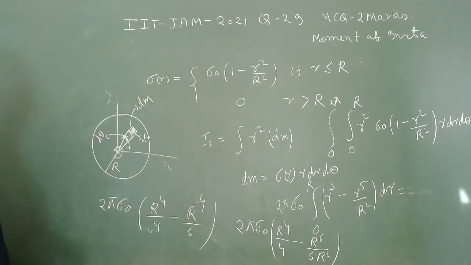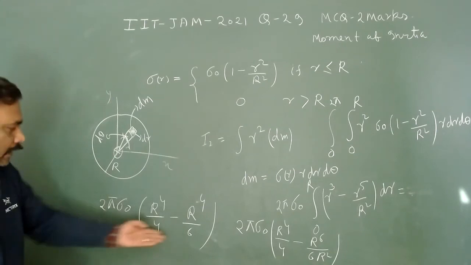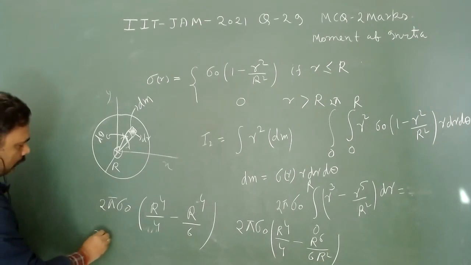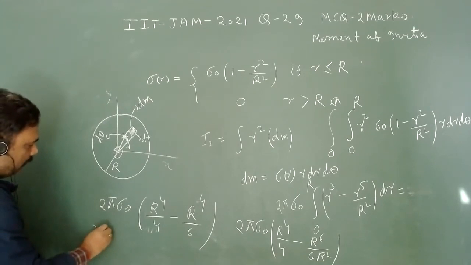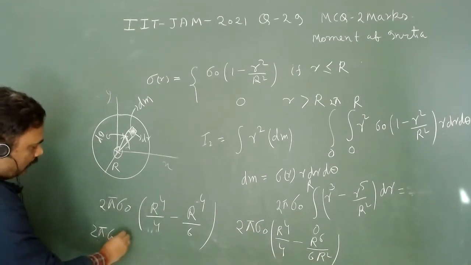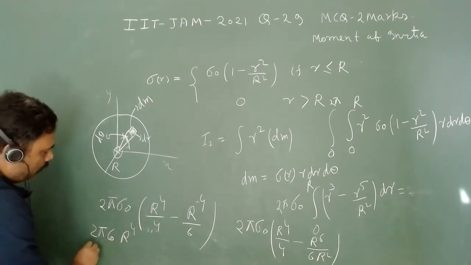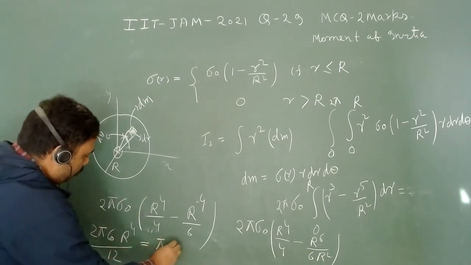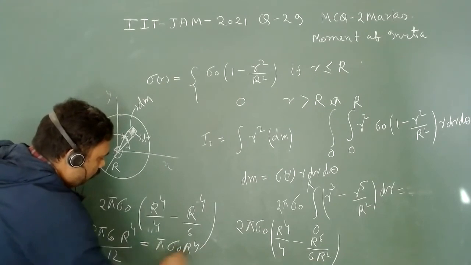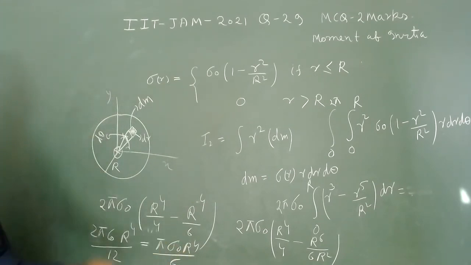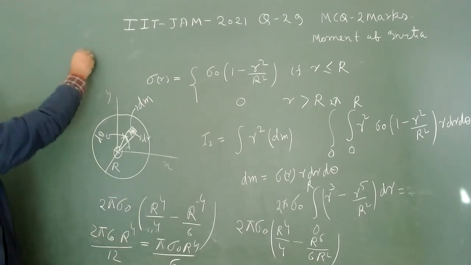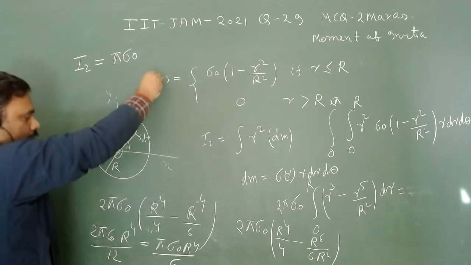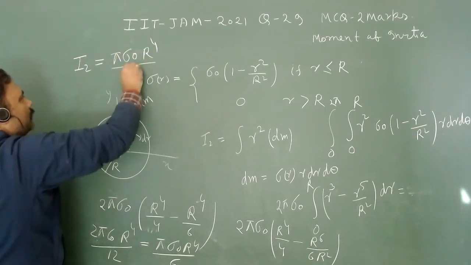And when we calculate this particular thing, I can take 12 here, so this will be 2 pi sigma naught times R4 upon 12, and this is equal to pi sigma naught R4 upon 6. So the answer for this moment of inertia, Iz, is equal to pi sigma naught R4 by 6.